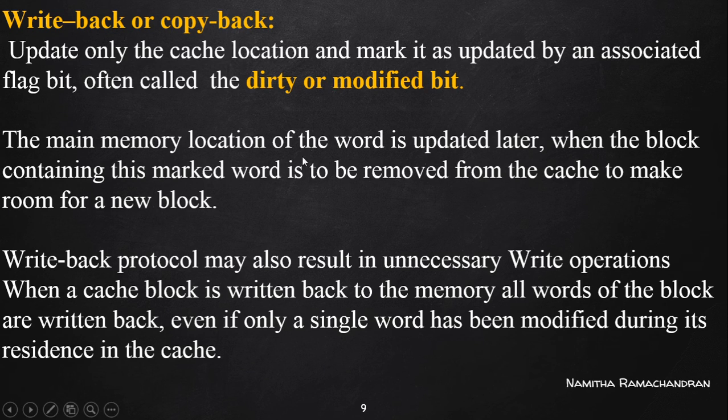And the main memory location of that particular word is updated later, when the block containing this marked word is to be removed from the cache to make room for a new block. That means in this write back approach, the processor updates only the cache copy of the memory word and updates its dirty bit in order to indicate that that particular memory word is updated.